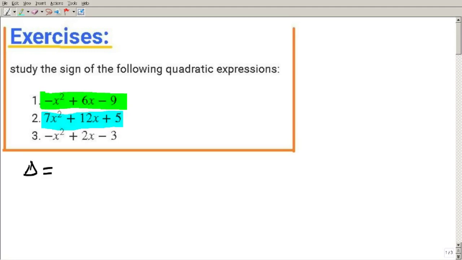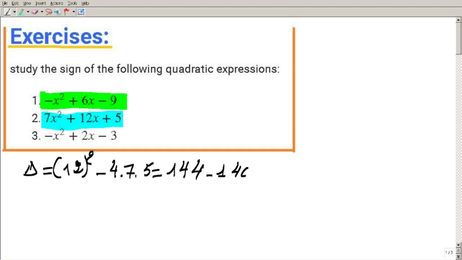which is equal to 12 squared minus 4 times 7 times 5. 12 squared is equal to 144, and 4 times 5 is equal to 20, times 7 is equal to 140.